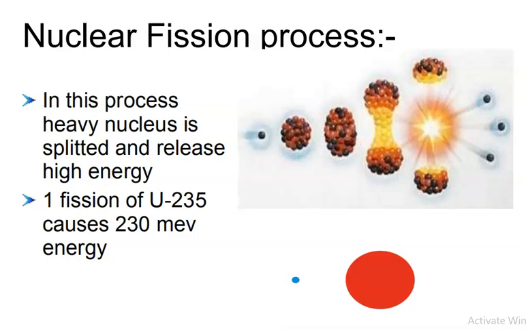Whereas in power plants, electricity is generated by the nuclear fission process. As we can see from this data, one fission of uranium 235 releases 230 megawatt of energy. It's very huge.